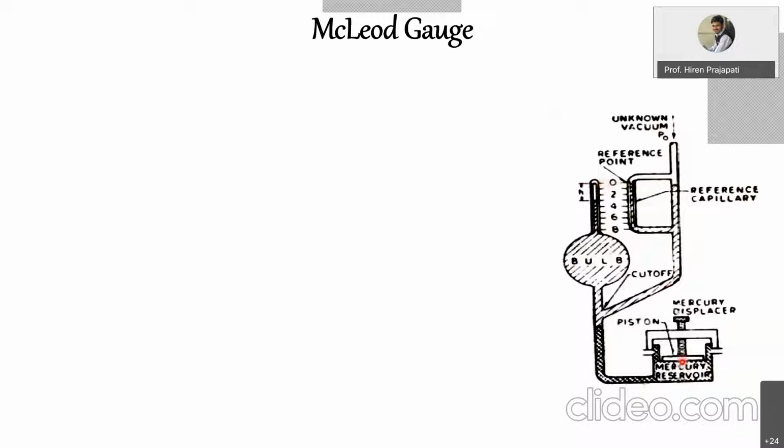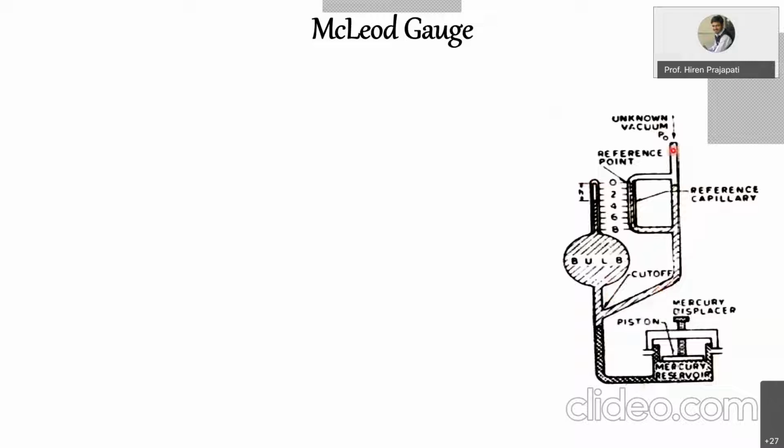Now we'll pull this piston up. So the mercury which is at the 0 level will come down, and we need to do this until we get mercury up to the cutoff point, right? So both the reference capillary and the measuring capillary are empty now.